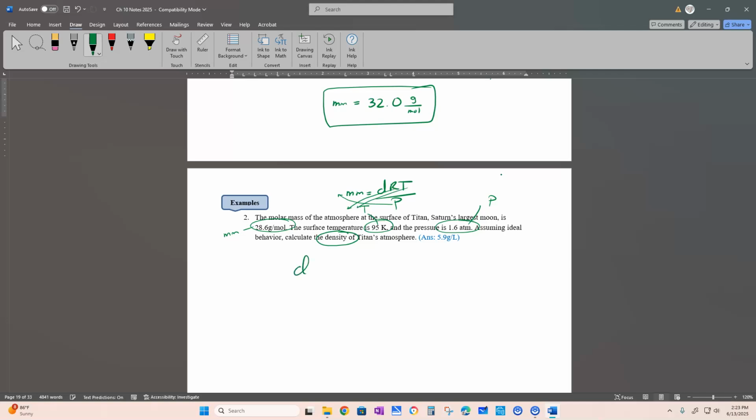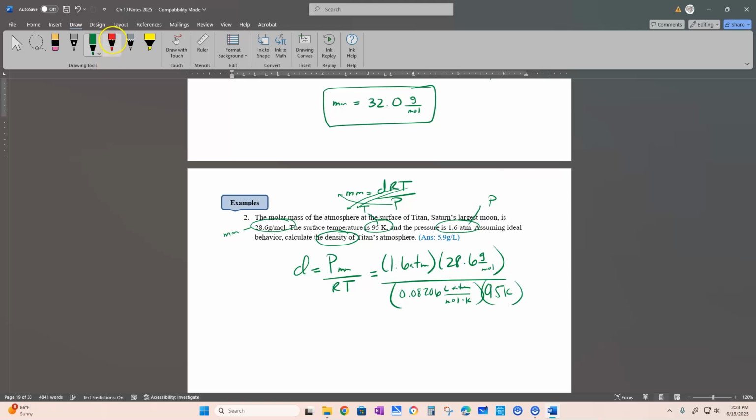So I'm going to get density is pressure times molar mass over RT. So my pressure is 1.6 atm. My molar mass, 28.6 grams per mole. And my R. Because we're talking about the surface of Titan, a moon of Saturn, there's no chemical to write here. And my temperature, 95 K.